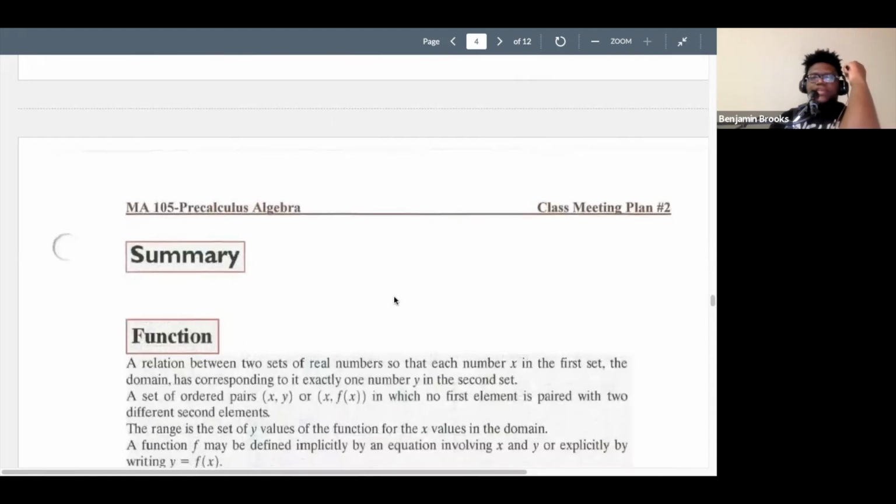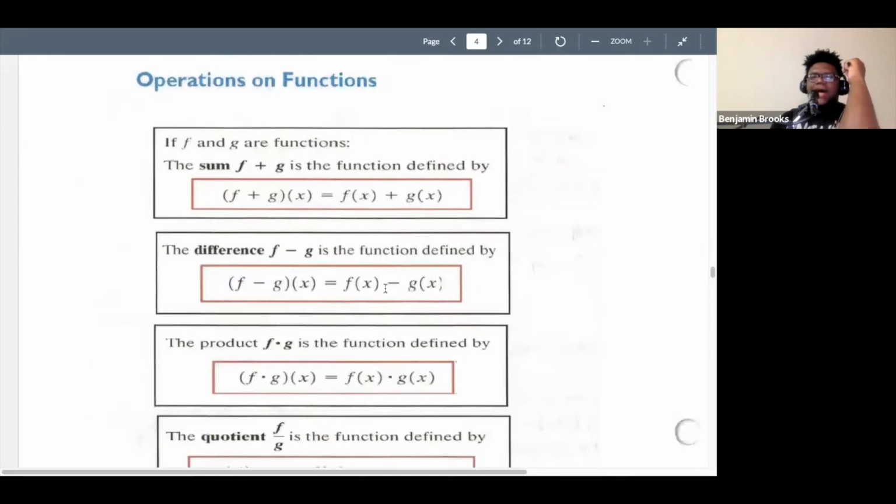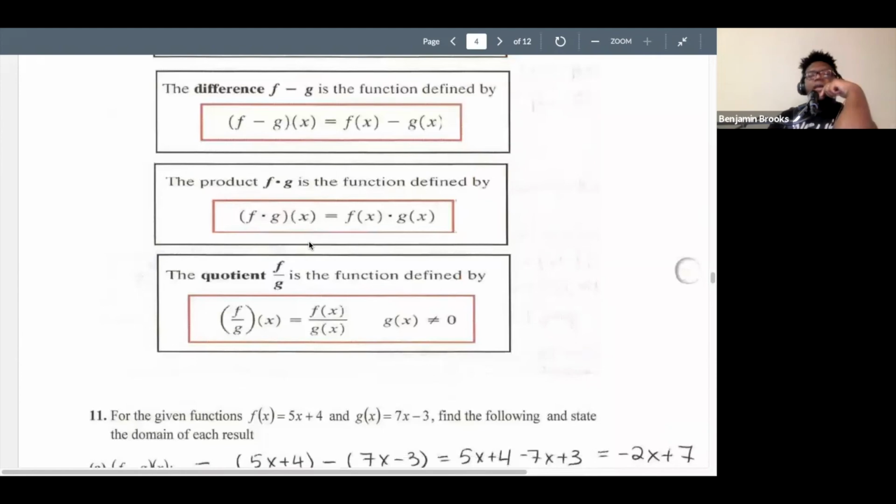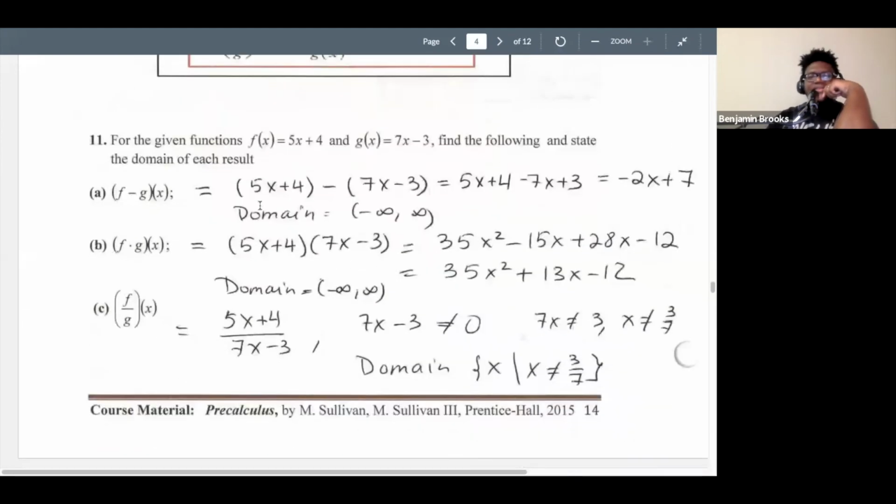All right, we're talking about operations. Now, operations on functions are just like regular operations. You can add functions together, you can subtract functions, you can multiply functions, you can divide functions. And you can see some examples of this.